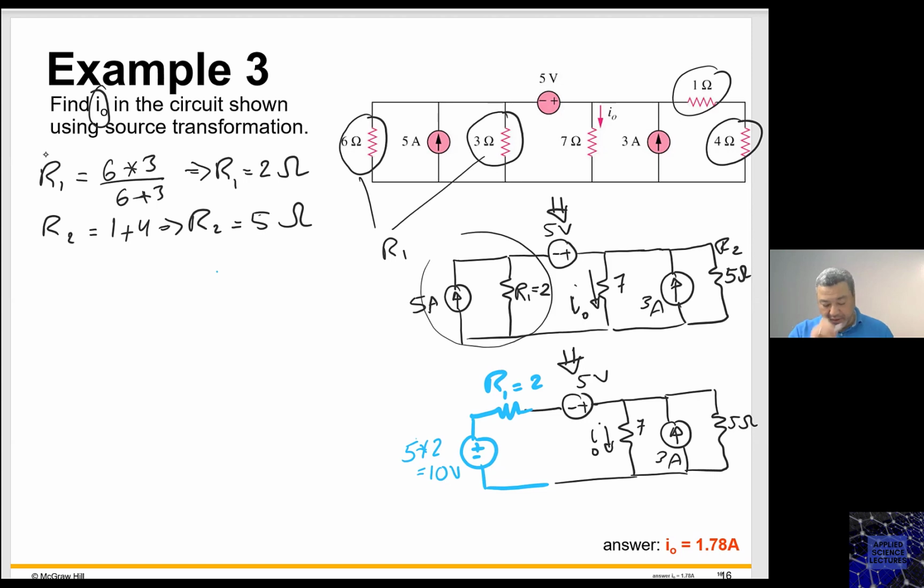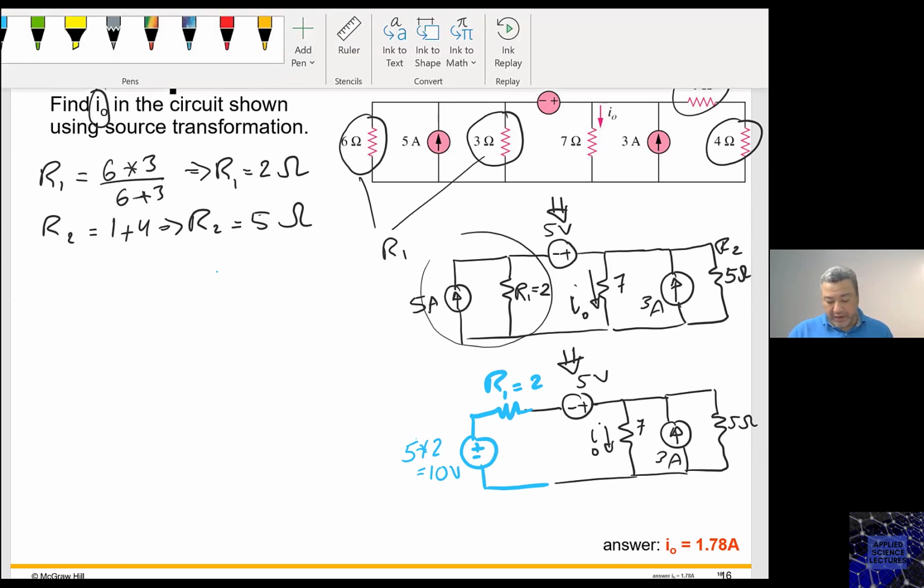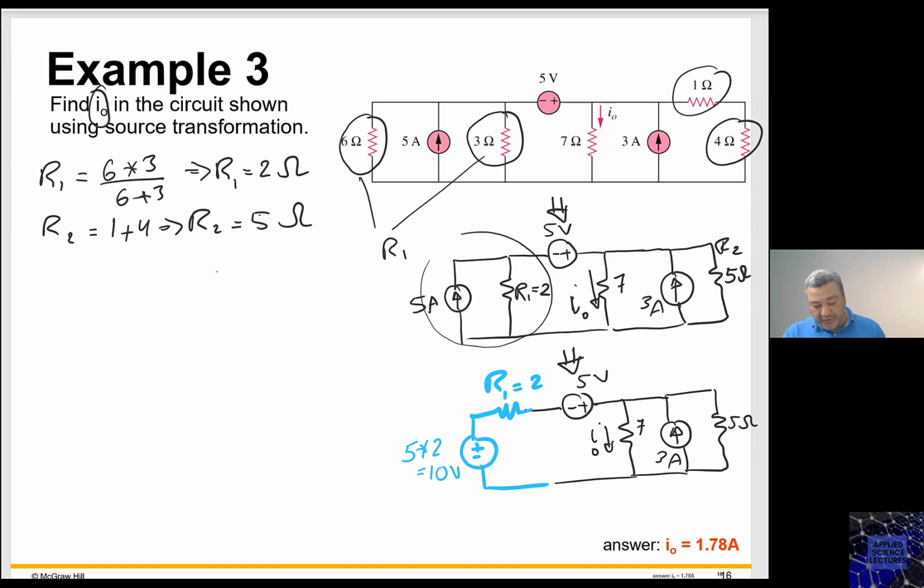This is the circuit due to the transformation of this 5 ampere. Now this circuit can be now simplified further. I have the 5 volt and the 10 volt sources connected in series, right? So this is going to result into the summation of those two. So I can now redraw the circuit to look like the following.